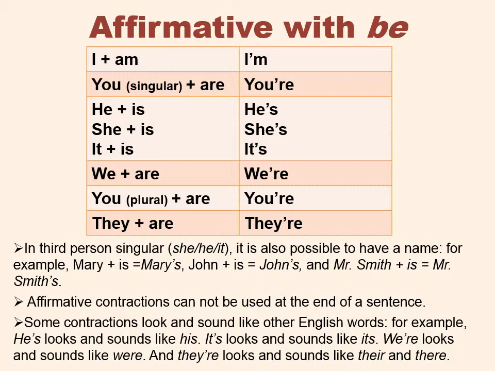So be careful. The contracted forms are a contraction of a word plus the verb. The other forms are words, they're not contractions. It is a little bit confusing, but I hope that with a little bit of practice you will not confuse these.